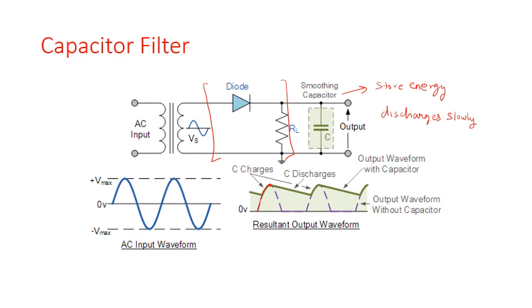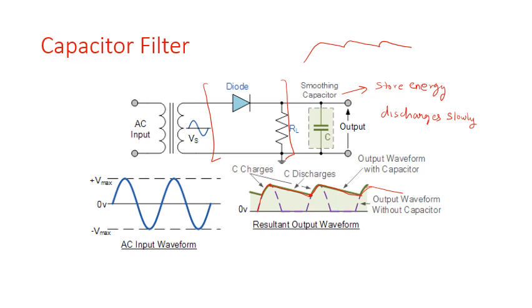It discharges really slowly, till it reaches this point. Now the output of your half wave rectifier is higher than the charge in the capacitor, so the capacitor starts charging again, then discharges, charges again and discharges again. So the output that you get is going to look something like this. This is what is happening in a half wave rectifier.